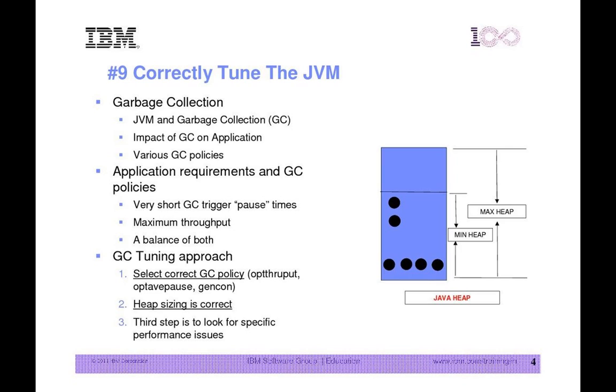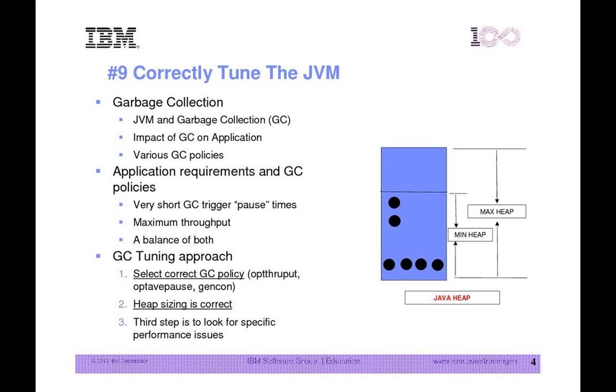If you see the right side, there is a small diagram. Whenever a new object is created, it gets allocated in the heap, but it will not get removed from the heap immediately after it is dereferenced.